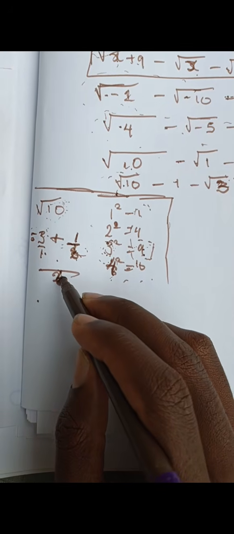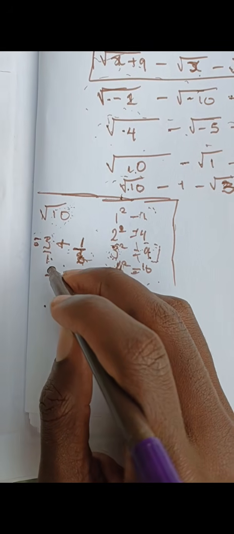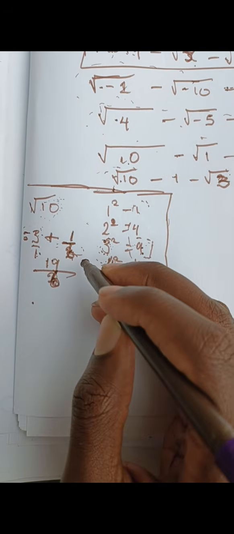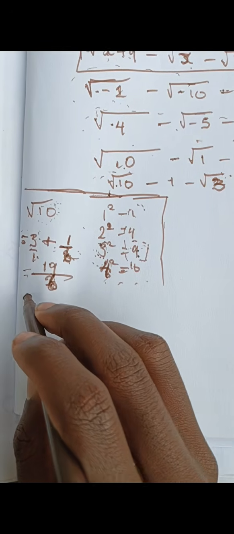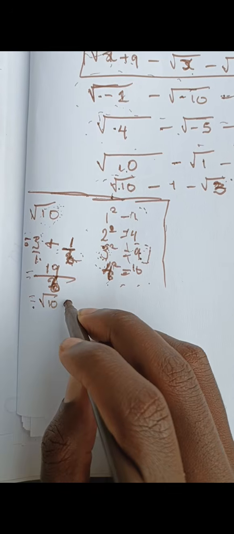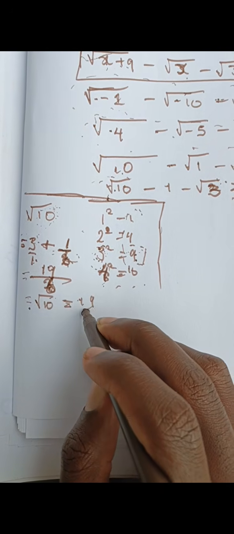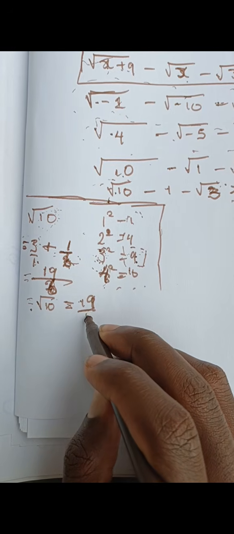So we pick 6 as the common denominator. Then eventually on the numerator, you're going to end up with 19. So 19 over 6. So the closest value to square root of 10 is 19 over 6.